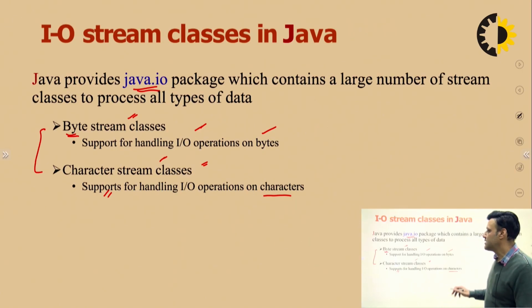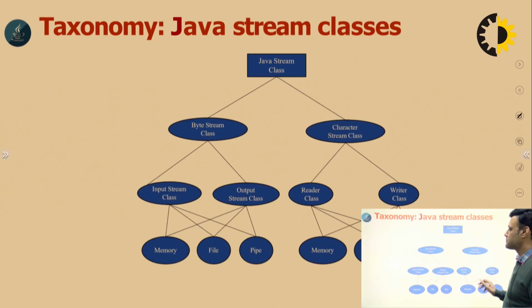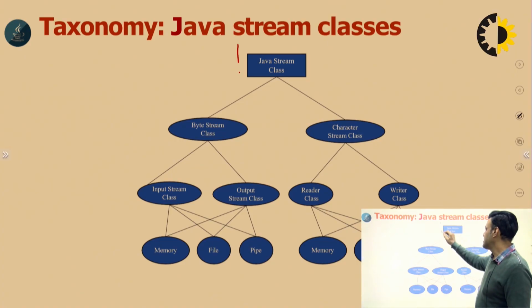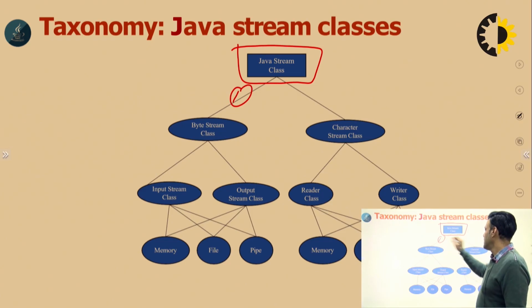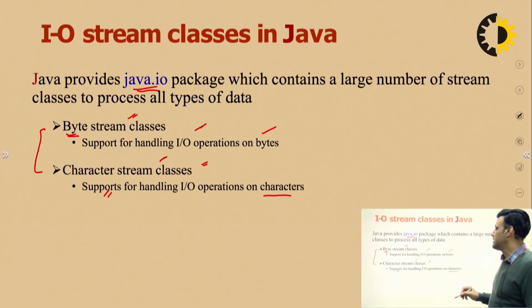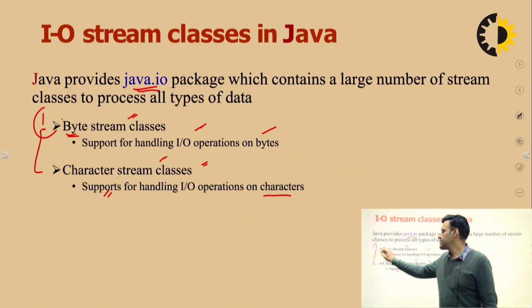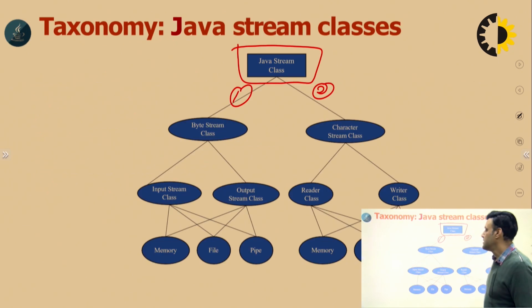You can see the taxonomy here with the help of this hierarchical diagram. At the top there is the Java stream class, and we have divided it into two: number one, the byte stream class, and number two, the character stream class.